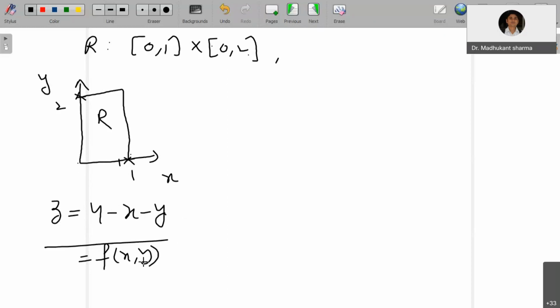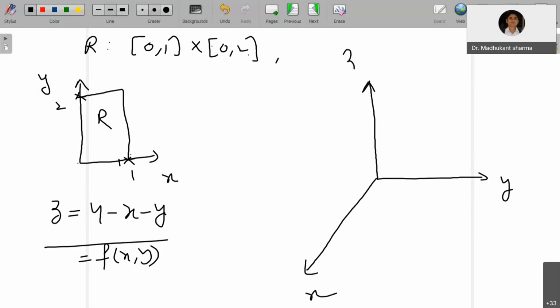So it's obvious that this is going to be a plane, which has the height at the most 4. Here, y varies from 0 to 2, and x varies from 0 to 1, and the equation of the plane is z equals 4 minus x minus y.